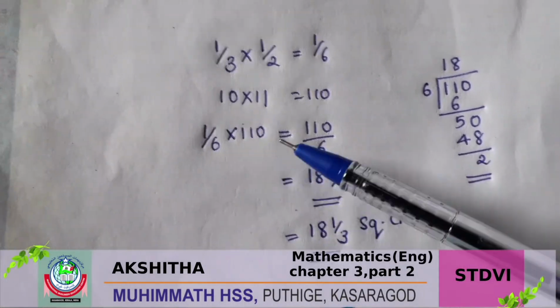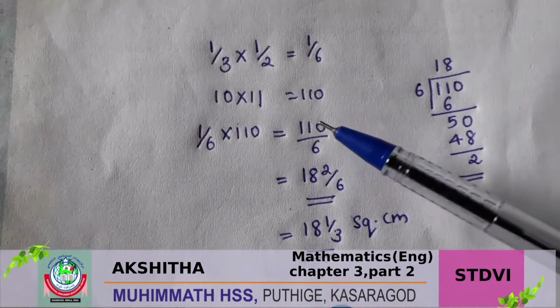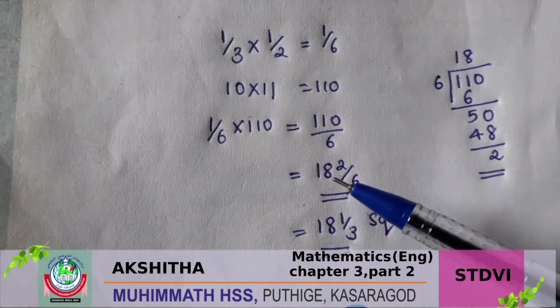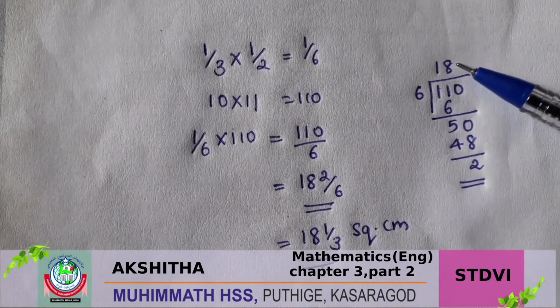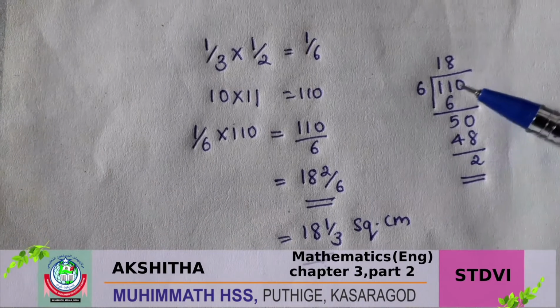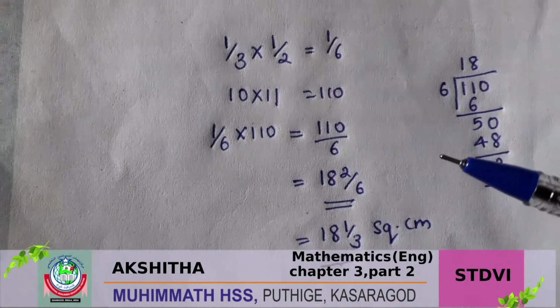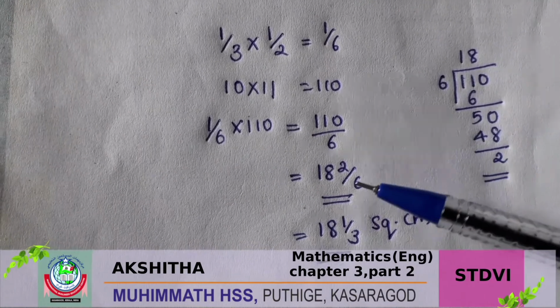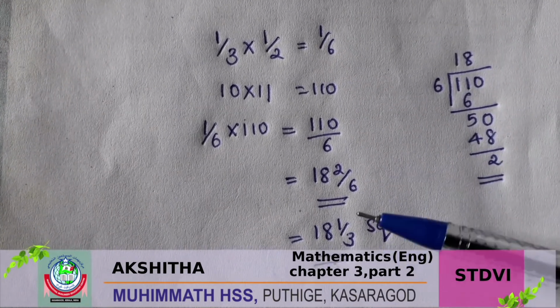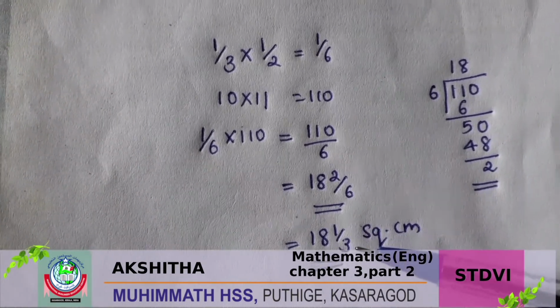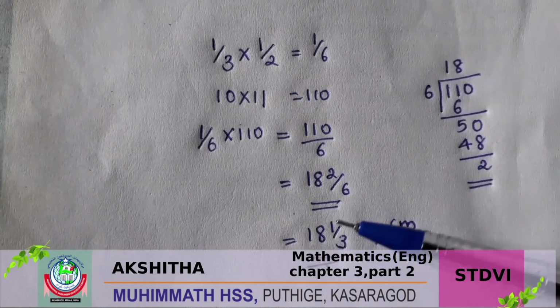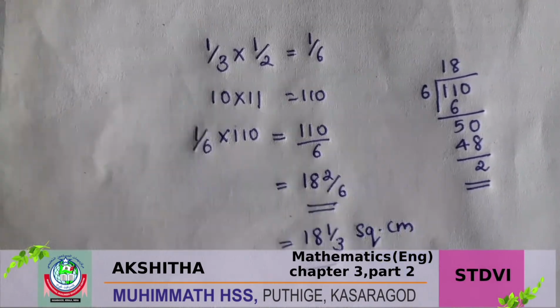So when we multiply here, 110 divided by 6 is 18 2 by 6. What is the smaller fraction of 2 by 6? 2 by 6 we can write as 1 by 3. So, area is 18 1 by 3.